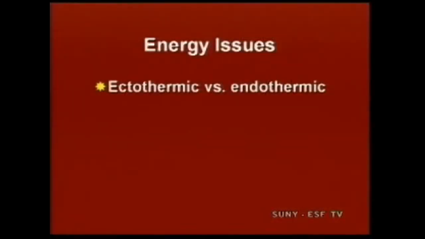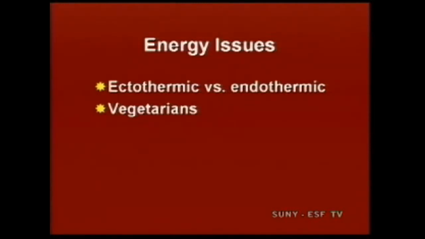Another energy issue we can look at is vegetarians. I get a lot of vegetarians in my classes, and you can argue that being a vegetarian from an energy perspective is more beneficial.